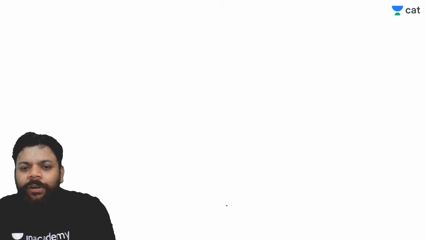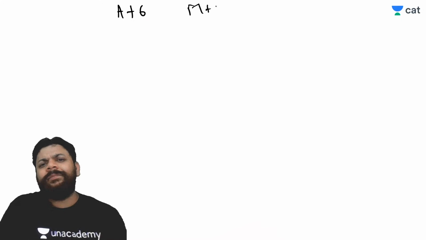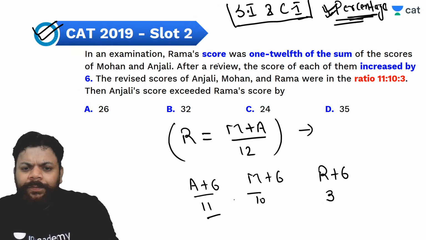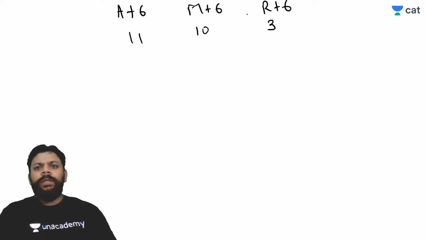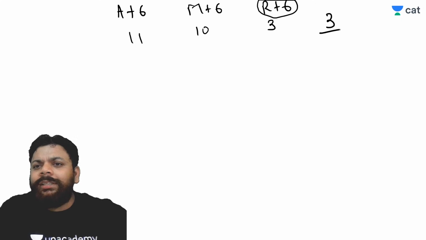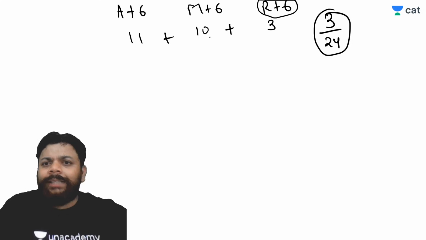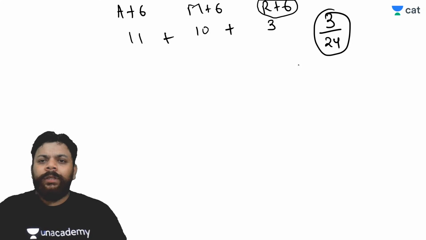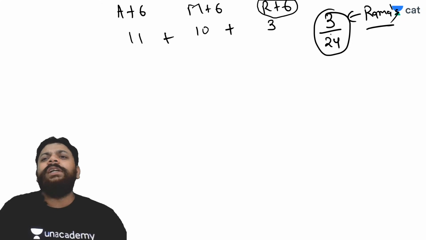Since this is in the ratio of, यहाँ पे लिखते हैं a+6, m+6 and r+6 is in the ratio of 11:10:3. तो अगर मैं रामा का स्कोर देखूं, कैन आई से दैट दिस मस्ट बी 3/24 ऑफ टोटल मार्क्स? ऐसा लिख सकते हैं गाइस, यस और नो? कैन आई से दैट रामा का फाइनल स्कोर विल बी 3/24 ऑफ एक्चुअल स्कोर?